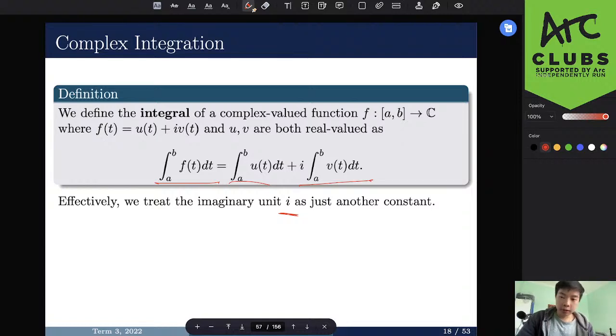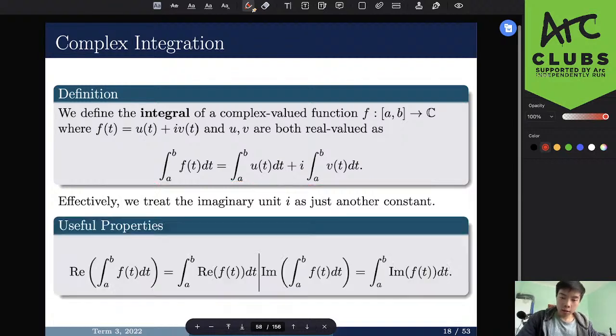A complex number is just a scalar, just like any other real number. So you can treat them as such in this integration. And there are some useful properties that we want to know. Essentially, the real part of the integral is equal to the integral of the real part of the function, and the imaginary part of the integral is equal to the integral of the imaginary part of the function.